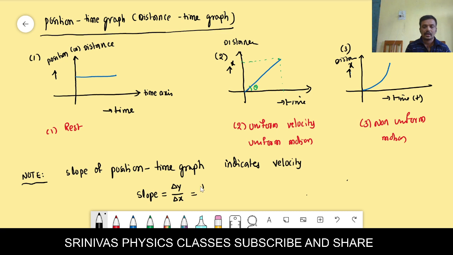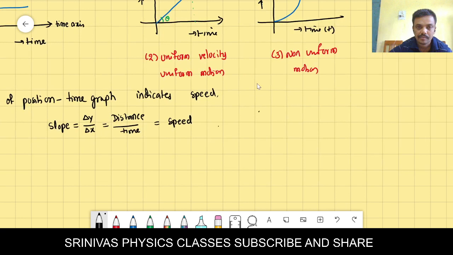Y coordinate is distance, x coordinate is time. Distance by time gives the speed, right? So the slope of the position-time graph indicates the speed.